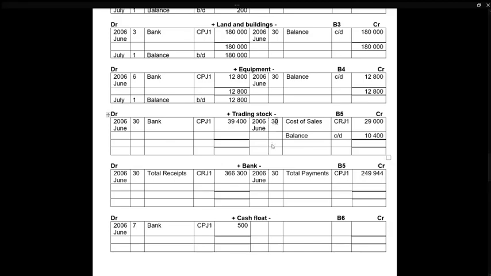Remember, I already filled it in, so I'm not going to fill it in again. Let's total the two sides to confirm that I've done it correctly. 39,400 my debit side. If I total my credit side, I will also get 39,400. My new opening balance will be 10,400 Rand. Opening balance value is always brought down. Details will be balance. First day of the new month, July.